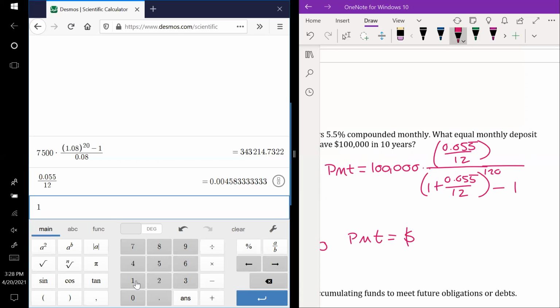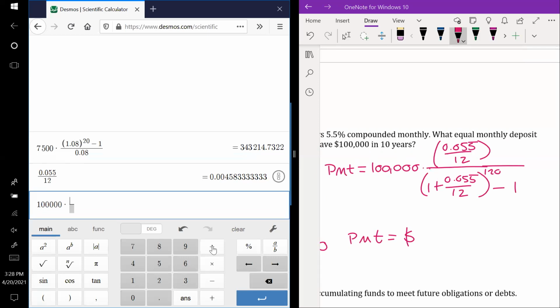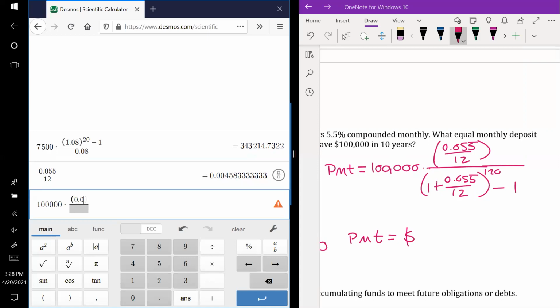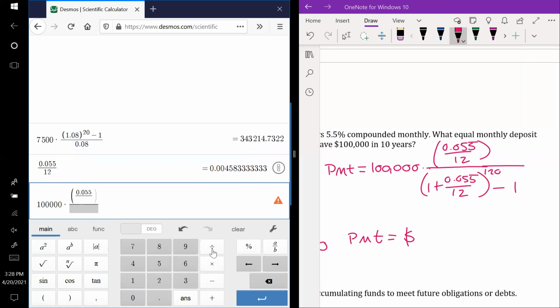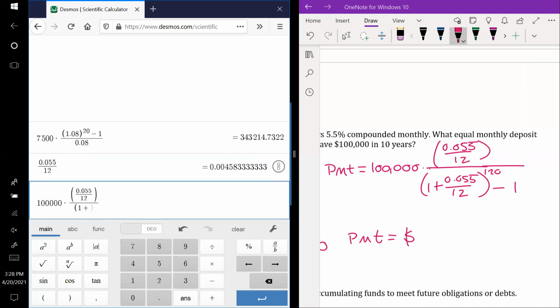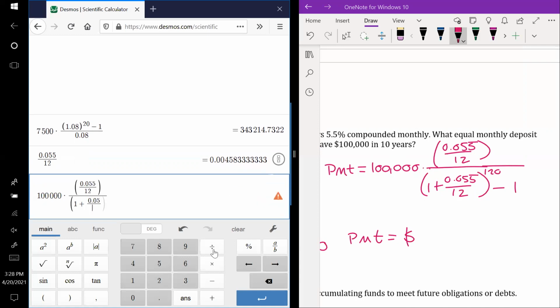So here we go. 100,000 times parentheses 0.055 divide 12 over 1 plus 0.055, oops, forgot a 5, over 12 raised to the 1/20th minus 1.